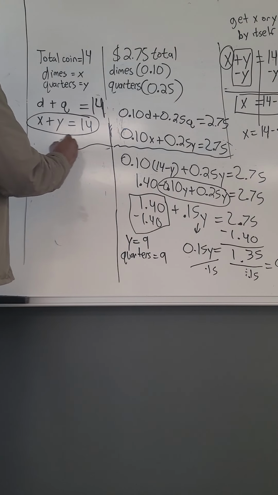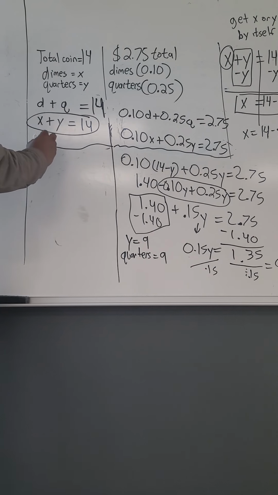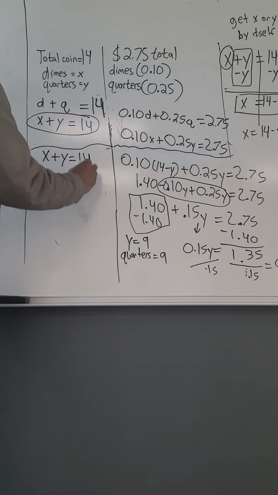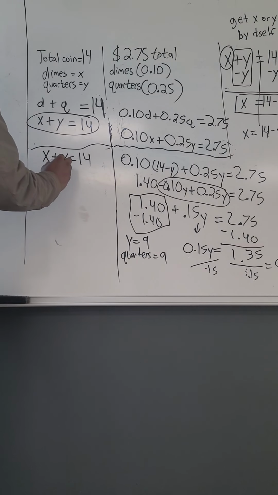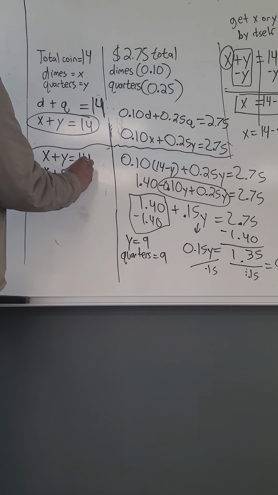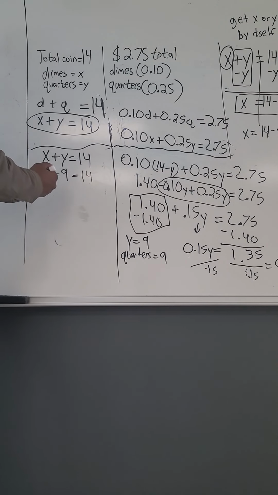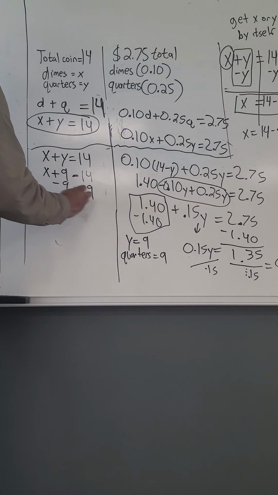Let's go ahead and come back over here. It says x plus y equals 14. I know now that my y was 9, so that would be x plus 9 equals 14. And then I can go ahead and solve this way. 14 minus 9 is 5. So x equals 5.